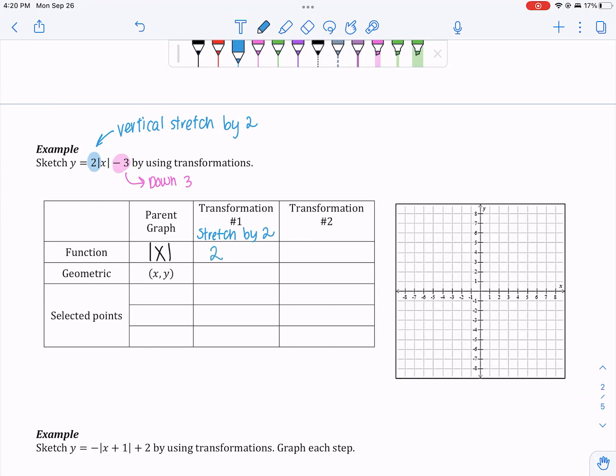When we do that, that's just applying the 2 out front of our function, multiplying our y values by 2. For the absolute value of x, important points: (-1, 1), (0, 0), (1, 1). Those are important points.